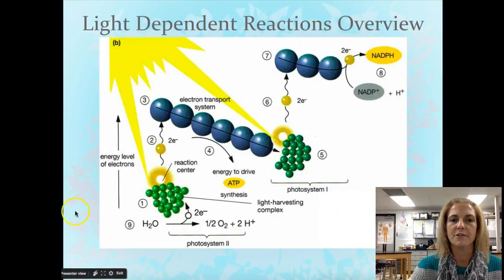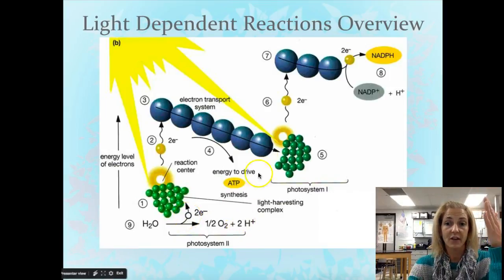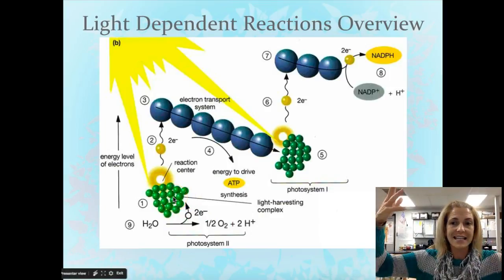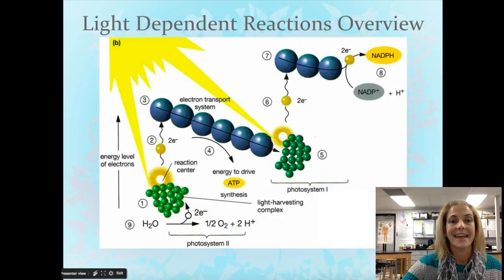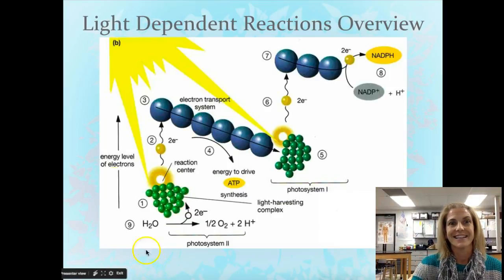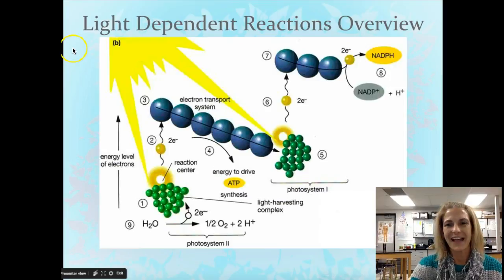At the same time, water is being split, releasing oxygen into the atmosphere and hydrogen into the thylakoid space, and electrons replace those that were excited and lost. And that is the whole of the light-dependent reactions. I hope that was helpful. Thanks.